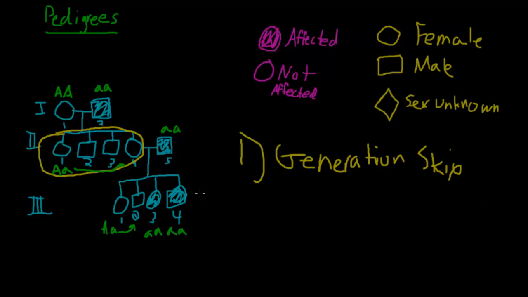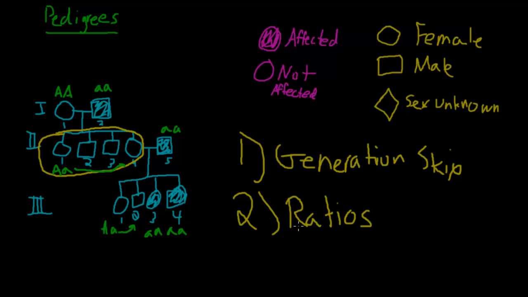Looking for these generation skips is the best first idea to jump to, because there is no way that it could be wrong. We're not dealing with potential probability of, oh, maybe it wasn't likely in this case, but it actually is, it could happen. But after we figure out stuff based on generation skip, and we figure out all the genotypes, it's useful to go back and test it with ratios.